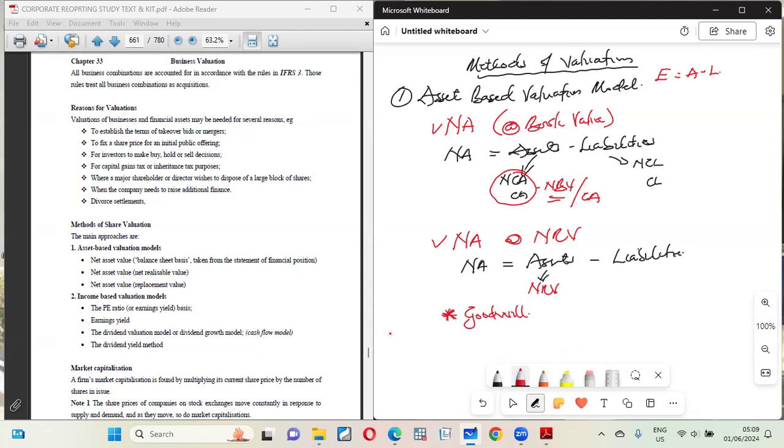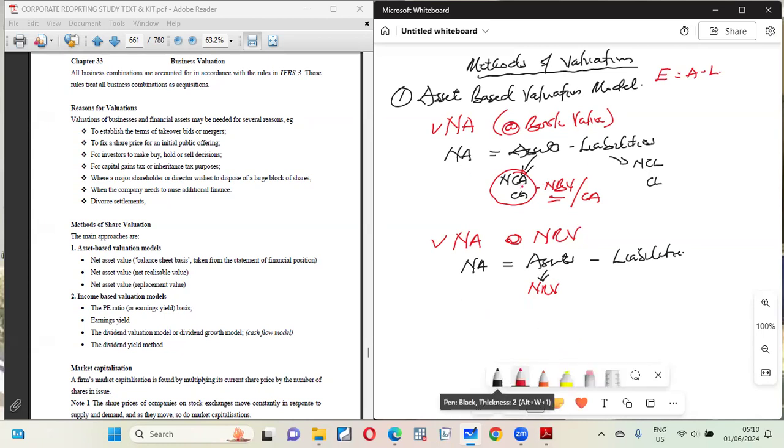Because per IAS 38, internally generated goodwill is not recognized. So please, if you have any internally generated goodwill, the caveat that I will give here is that you should ignore internally generated goodwill. But you see, over here, we said pick book value.